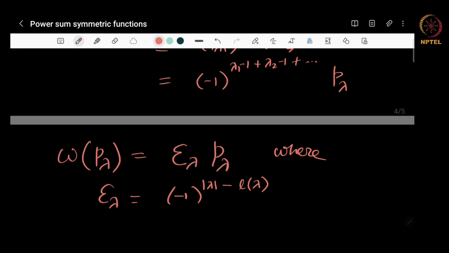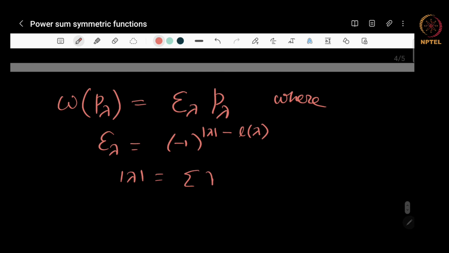So mod lambda just means summation lambda i, i from 1 to L, and length of lambda is just that number L, which tells me how many non-zero parts my partition has. So this total sign in front is just minus 1 power mod lambda minus length lambda.